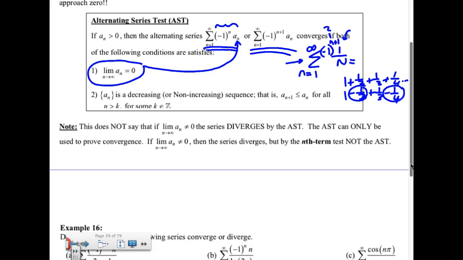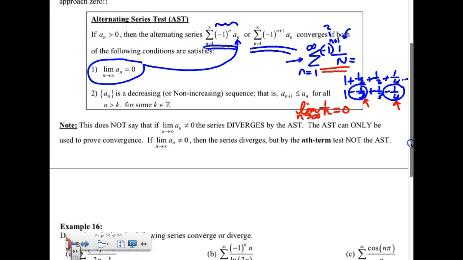What the alternating series test says is that if the limit of a sub n, or the absolute value of this chunk, basically removing the alternator, goes to 0, then the negatives are enough to make the series converge.